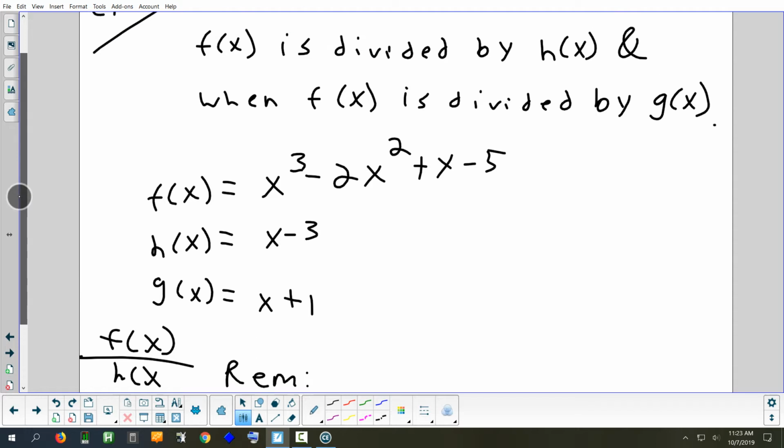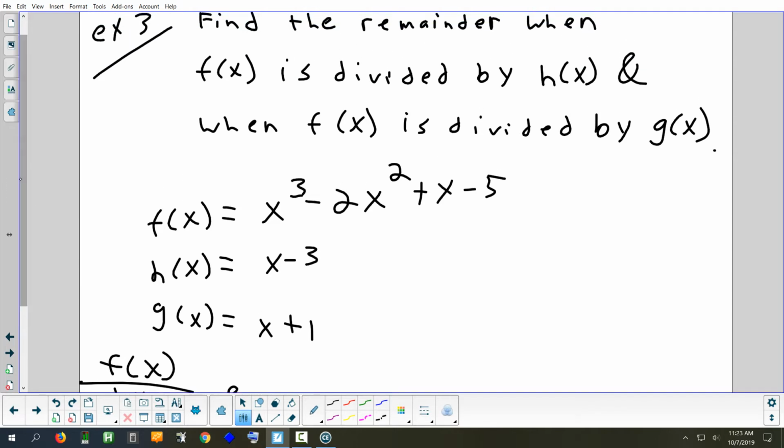Okay, the remainder. Is h of x linear? Yes, it's not like it's x squared, that messes everything up. Is it of the form x minus a number? Yes. Then I just take the number after the minus sign, which is a 3, and we're going to plug that into our numerator.